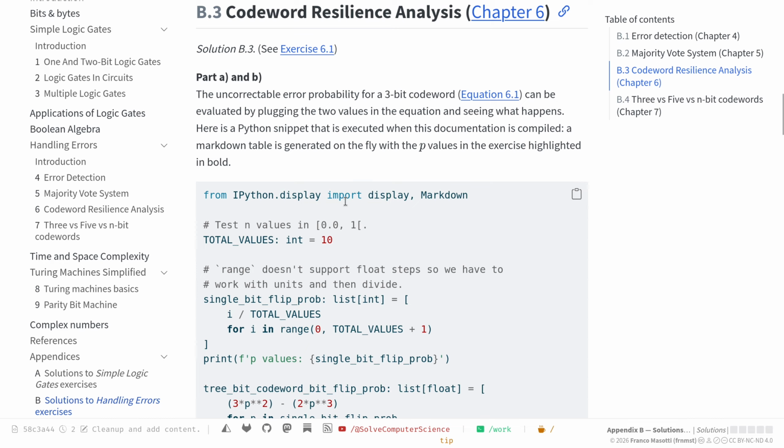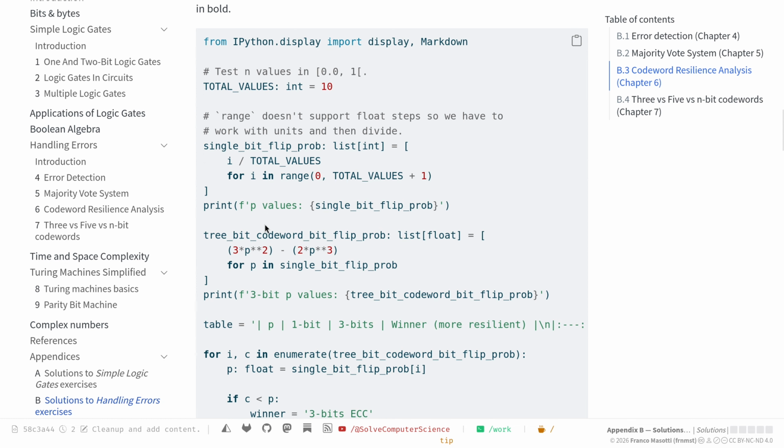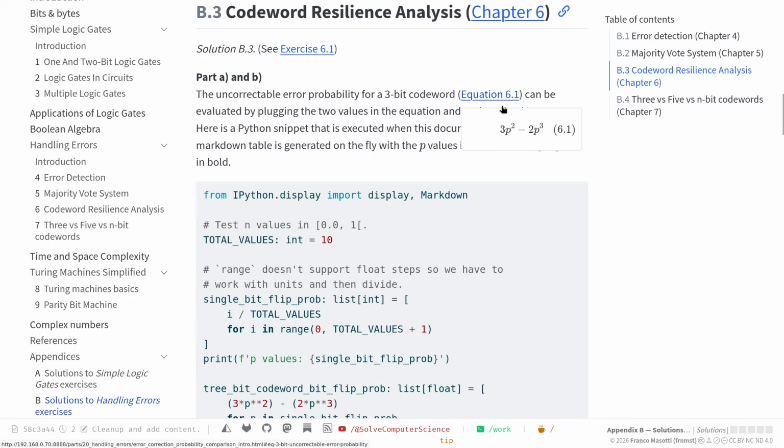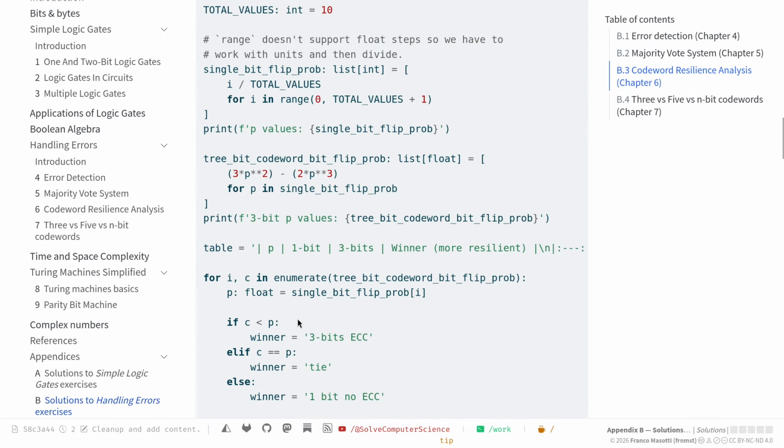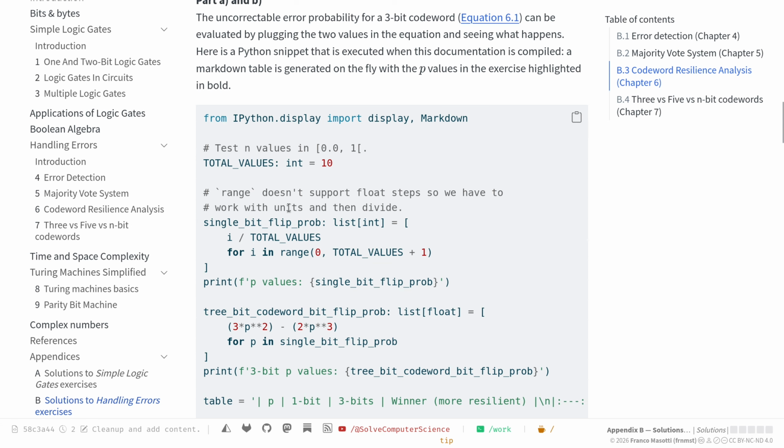So you can use this one here. What it does is generate the 10 values from 0.0 to 1.0, and then we replace the 10 values each time in the equation, which is this one here. Finally, we print the values in a markdown table. If you see here, this is the table header, because we're using this object here.